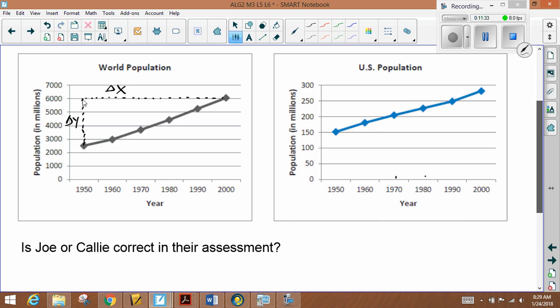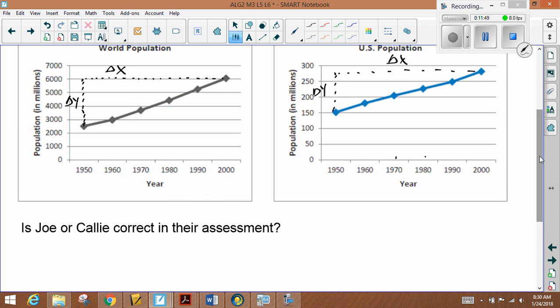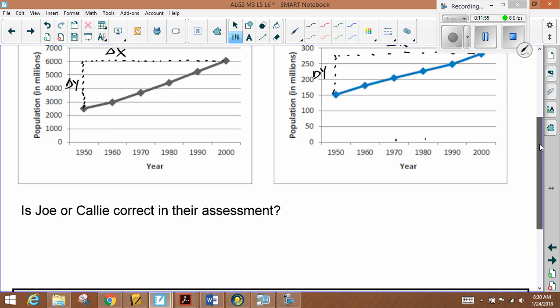And over here, this is going to be our change in y, and that's our change in x. So let's go ahead and calculate those slopes. We can estimate them because we have some number values over here on our axes.